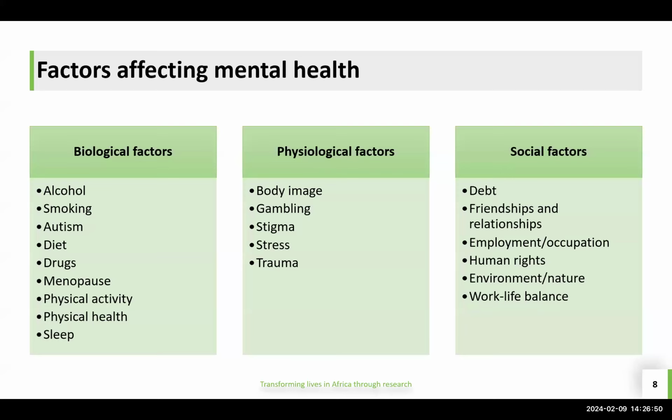So we have social factors, physiological factors and biological factors. And I must again reiterate that there are different frameworks that classify these factors depending on which angle you want to look at it from. If you're looking at the relational well-being structure, you could be looking at individual level factors, which could cut across all these classifications.